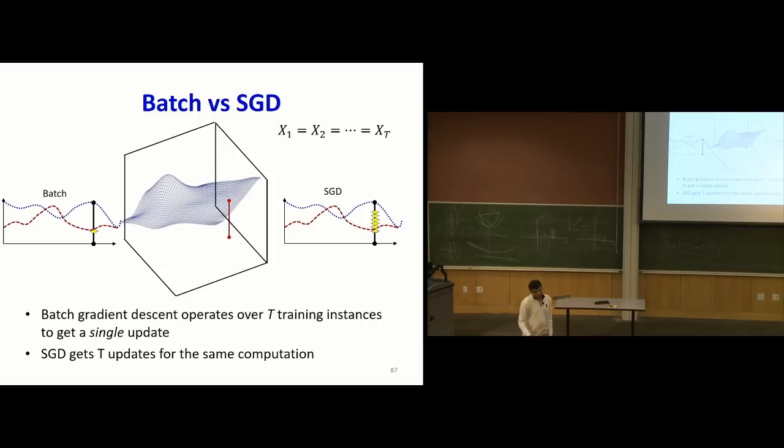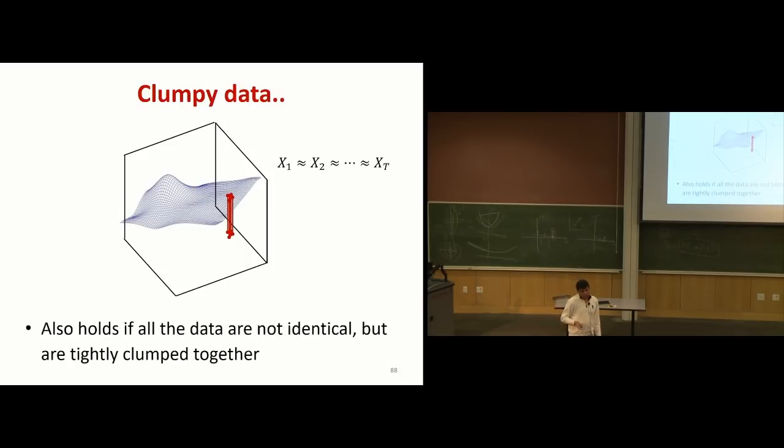And so if I make incremental corrections after every individual training instance, I can expect to get much closer to the function at that point than if I take an average over all training instances and then make a correction, because if all the training points are identical, the average is the same as just using only one instance, right? And they don't even have to be all the same. They can all be very close to one another, and you get exactly the same kind of behavior, right?